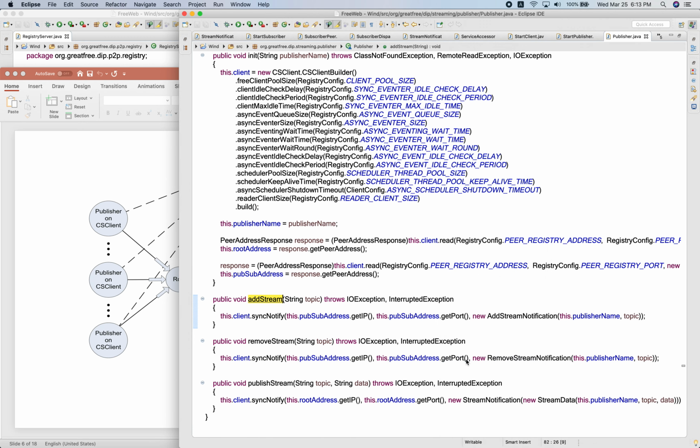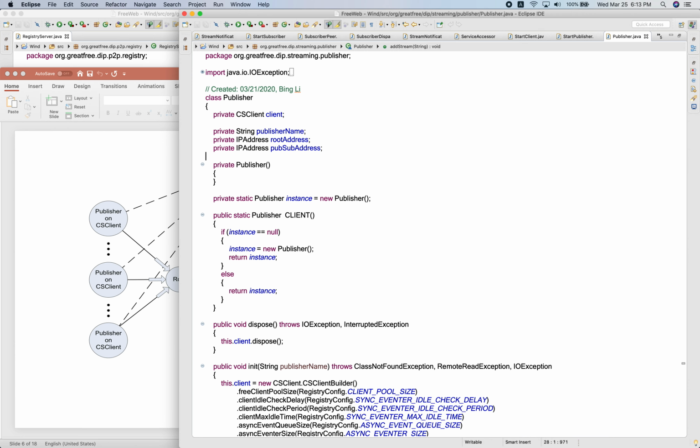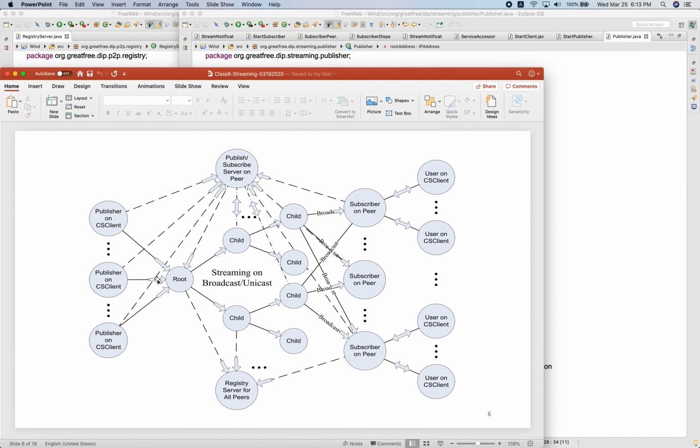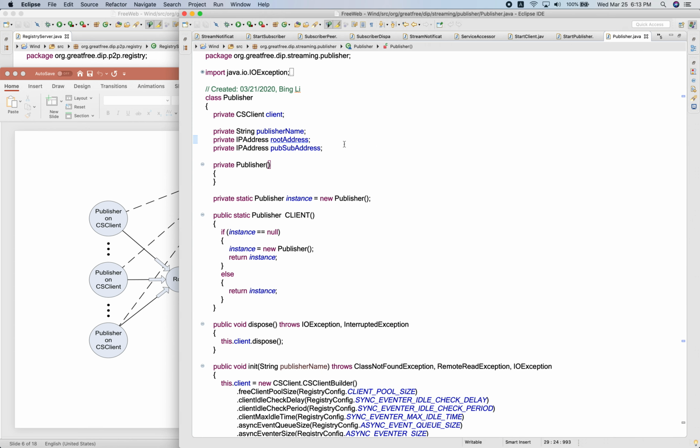This code is a little bit difficult, but if you have already watched all the videos we talked about before, it's easy, just client-server. So the publisher needs to know the IP address of the root. That's important, right? And the publisher also needs to know the pub sub address.